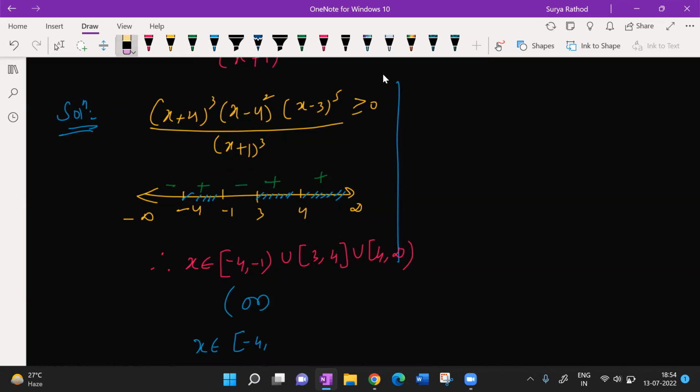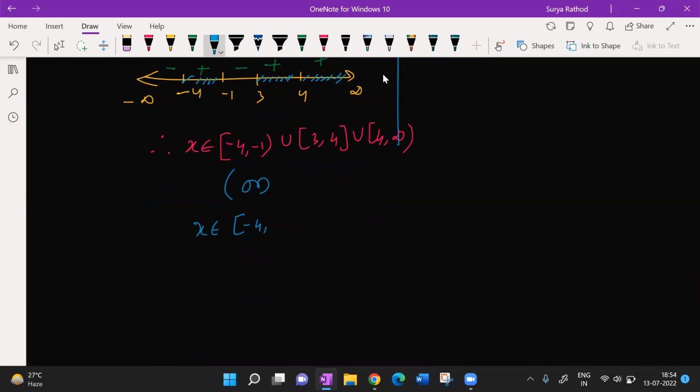The whole expression becomes 0. 0 greater than or equal to 0, is it a valid statement? Yes, of course. So -4 to -1, union 3 to infinite is also correct.